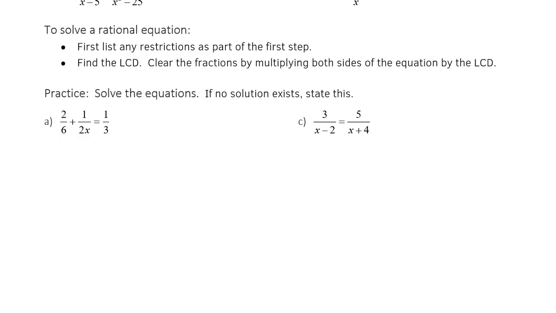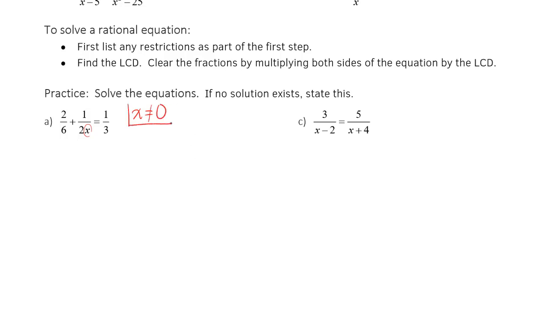In the first practice problem, we have 2/6 + 1/(2x) = 1/3. Now I can see that 2/6 is reducible, and I also can see that 2x would have a restriction on the domain. So I'm going to first say that x cannot equal 0.